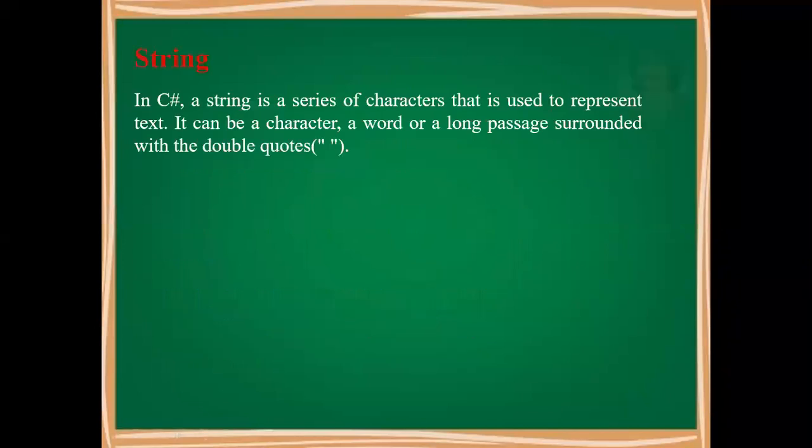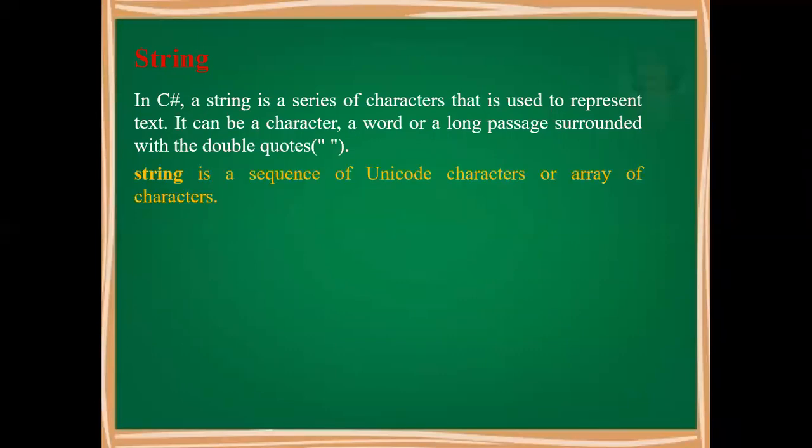So in C sharp, a string is a series of characters that is used to represent text. Okay, it can be a single character, a word, or a long passage surrounded with double quotes. Whatever we write inside the double quotes will be considered as a string data type. Obviously, there is a limit that we will talk about later on. So in simple definition, what is a string?